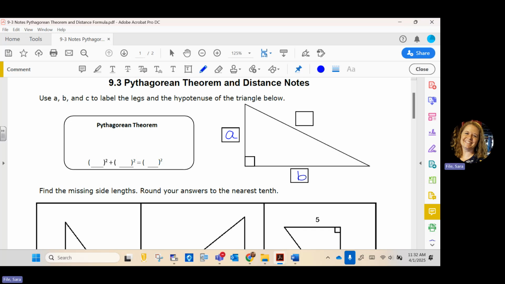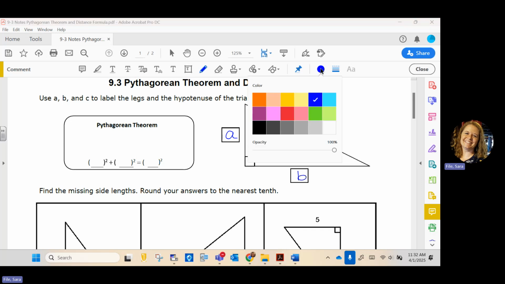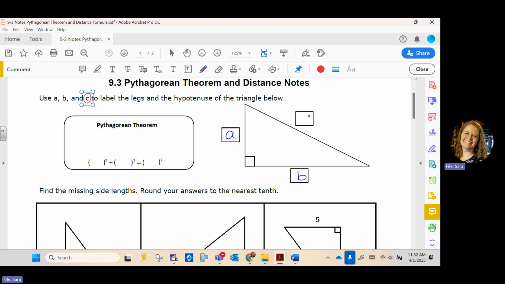The A and B are interchangeable as long as they are the legs of the triangle, the 2 sides that meet at the 90-degree angle. So I could have said B here and A here. A and B are interchangeable, but the C has to be the hypotenuse of the triangle. Okay, if you don't remember that term, it's the side across from the 90-degree angle.